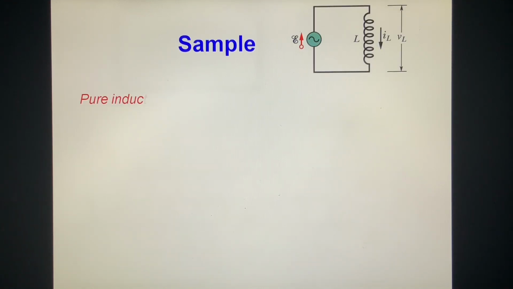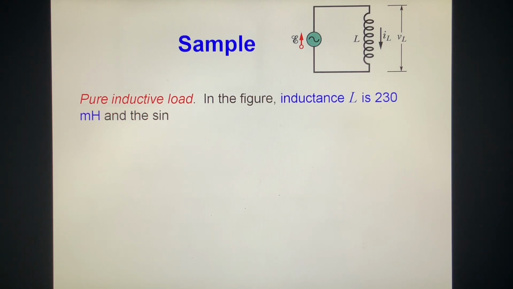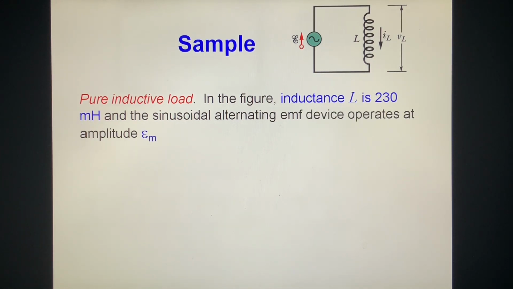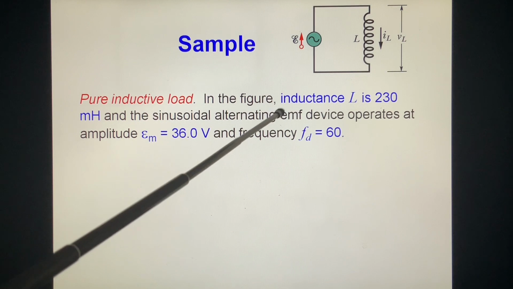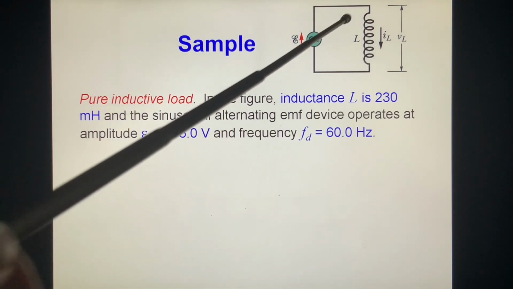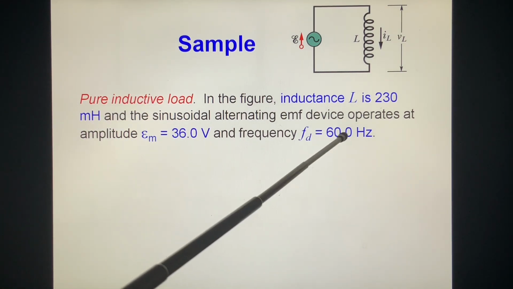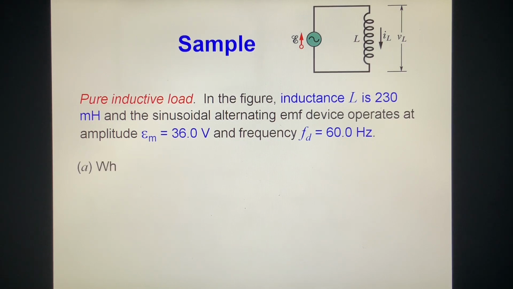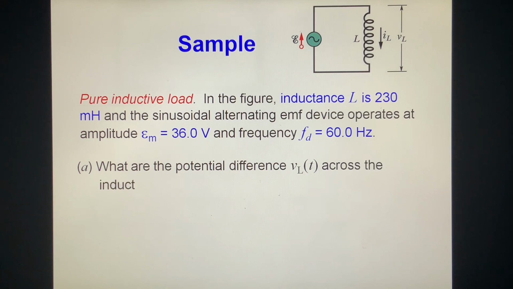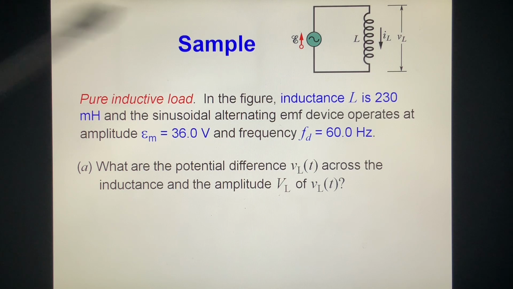Sample, pure inductive load. In the figure, inductance L is 230 millihenry, and a sinusoidal alternating electromotive force device operates at amplitude Em 36.0 volt and a frequency fd 60.0 hertz. Question A. What are the potential difference VL across the inductance and amplitude big VL?